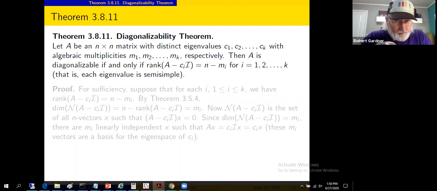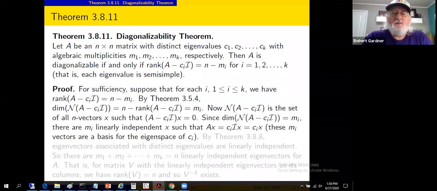Well, if I know we have an eigenvalue of this matrix, I know the determinant of A minus c sub i times I is 0. I know A minus c sub i times the identity matrix is not invertible, and so it has to have a rank less than n. Okay, but this gives conditions between diagonalizability and the rank of such matrices. So let's go through that.